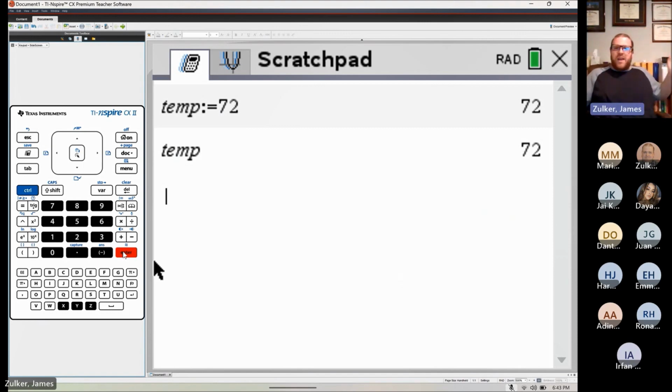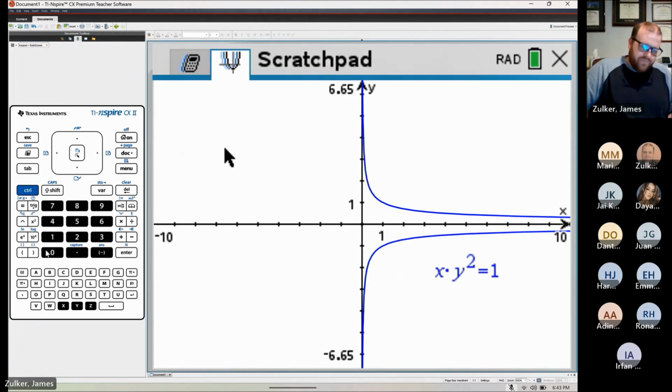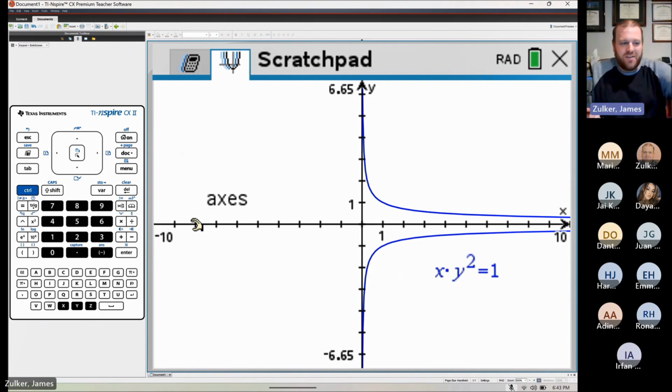So whenever you're dealing with multiple variables and you want to do multiplication, you have to physically type in the multiplication. That is also true if you get into any kind of coding. Which for this course, obviously, we're not going to, but for future courses, especially in math, you may have to code.